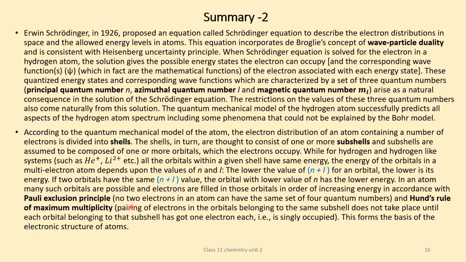That is, no two electrons in an atom can have the same set of four quantum numbers, and Hund's rule of maximum multiplicity: pairing of electrons in the orbitals belonging to the same subshell does not take place until each orbital belonging to that subshell has got one electron each. That is, it is singly occupied. This forms the basis of electronic structure of atom.